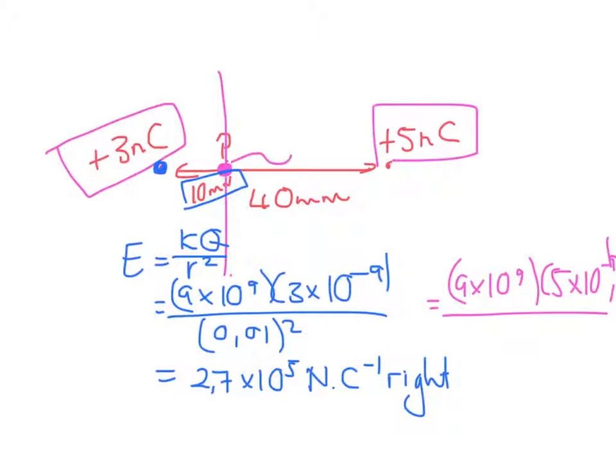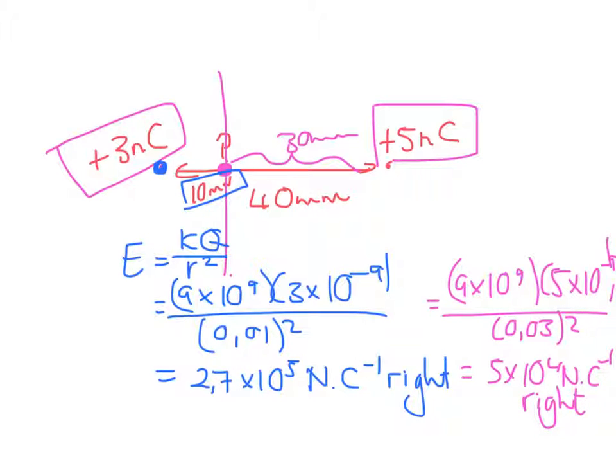Distance is now the remaining 30 millimeters, and that's 0,03 squared, and I land up with 5 times 10 to the 4 newtons per coulomb, and again it has to be away from the positive, so it's going to be right. Now at this point I've got one force pushing in that direction, and I have another force pushing in that direction. They're 2,7 times 10 to the 5 and 5 times 10 to the power of 4.